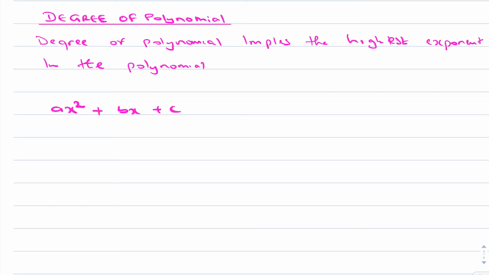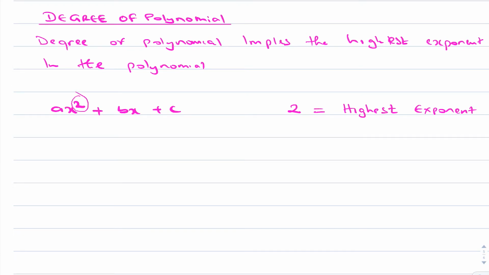The degree of polynomial is 2, because 2 is the highest exponent. So 2 here is the degree of polynomial.